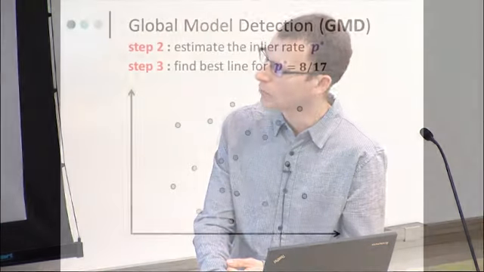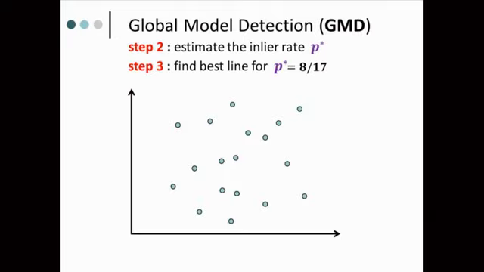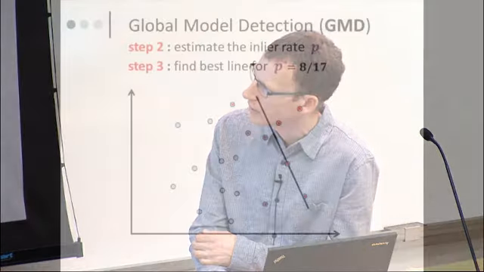So this is something we can do, but we go further, and we can employ here a branch and bound scheme, again using these exact guarantees, and actually get as good an approximation as we want. And we can actually find the optimal line for this specific inlier rate P star. So this is just an example of another line.